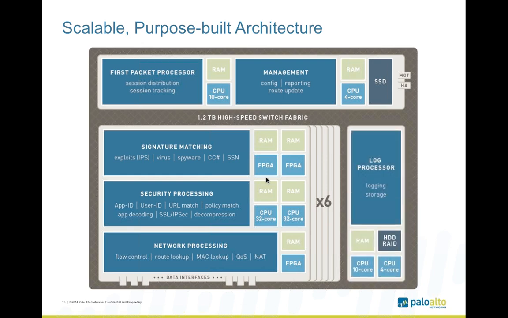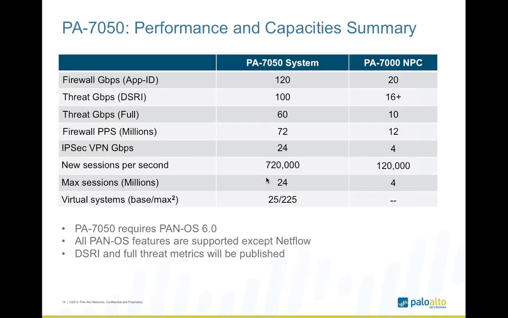Then we have a separate blade just for log processing, which is mainly there to do the logging and storage, and it will provide you 2 terabytes of space for this huge processing power that we have on the chassis platform.